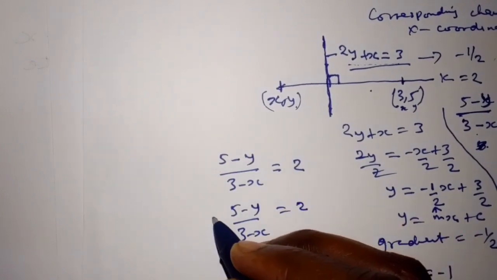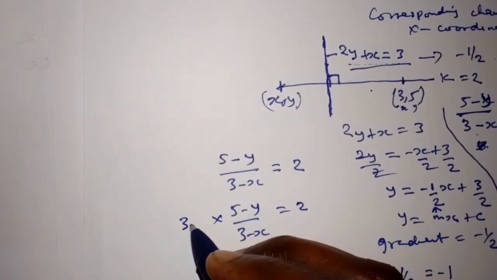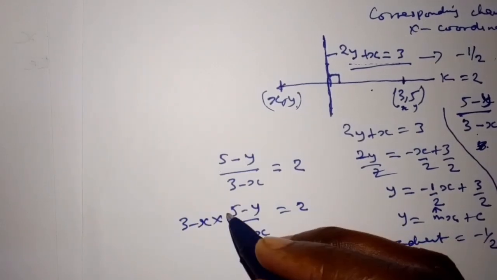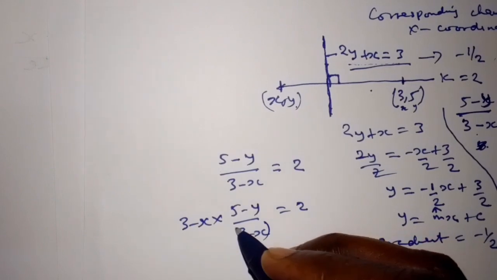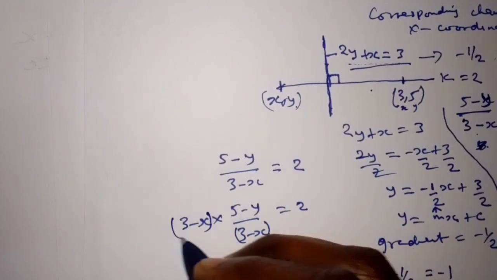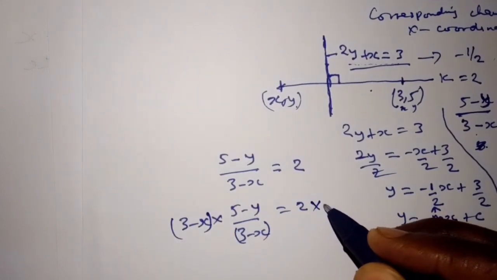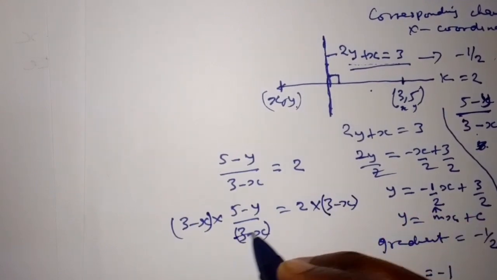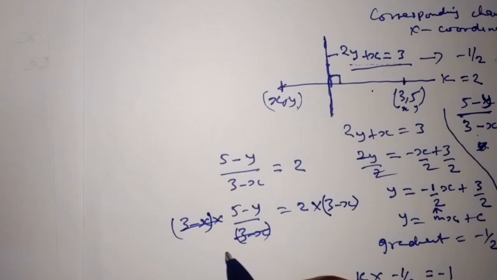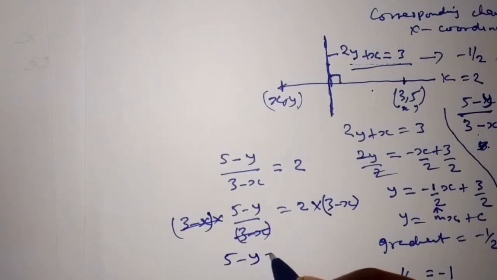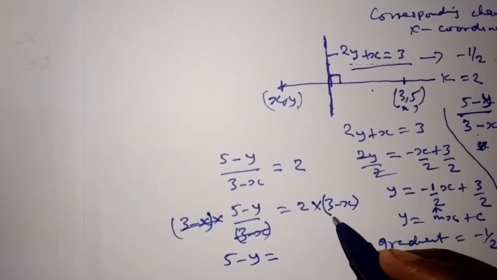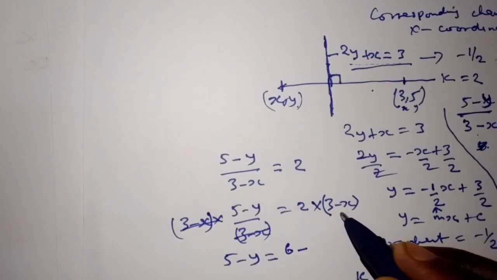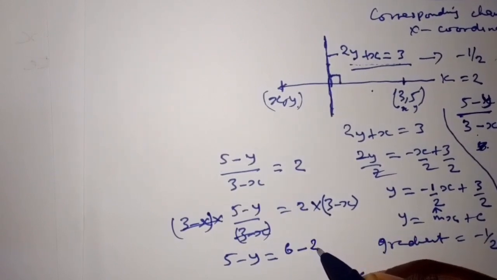So now we can multiply 5 minus y over 3 minus x, which is equal to 2, by 3 minus x. And also here we multiply by 3 minus x. So this one cancels this one here. 5 minus y is equal to 2 times 3 is 6, 2 times negative x is negative 2x.